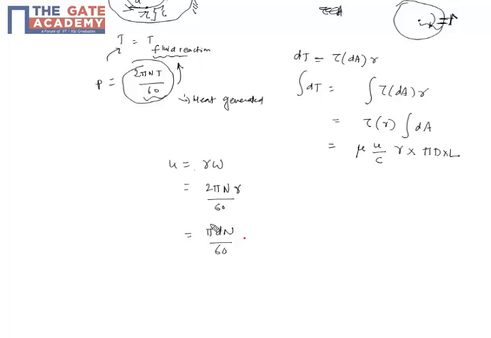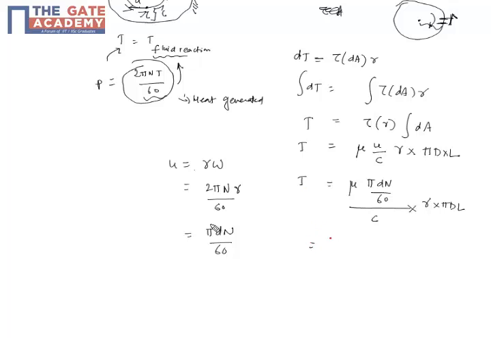Once we substitute it here, we get the torque: mu times pi d N by 60 by c, which is the radial clearance, into radius, into pi d l. This entire thing is the total torque required.